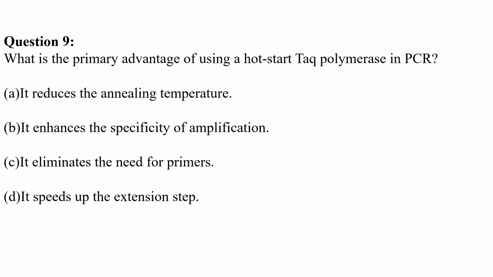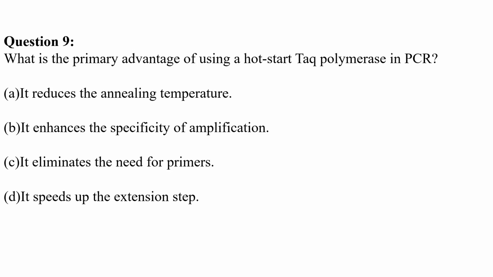Moving on to the next question, question number 9. What is the primary advantage of using a hot start Taq polymerase in PCR? Option A, it reduces the annealing temperature. Option B, it enhances the specificity of amplification.